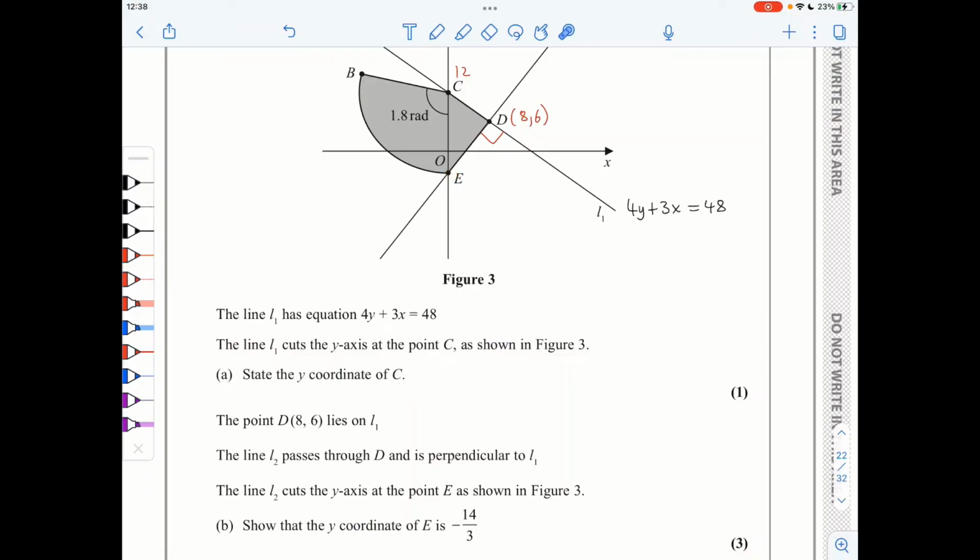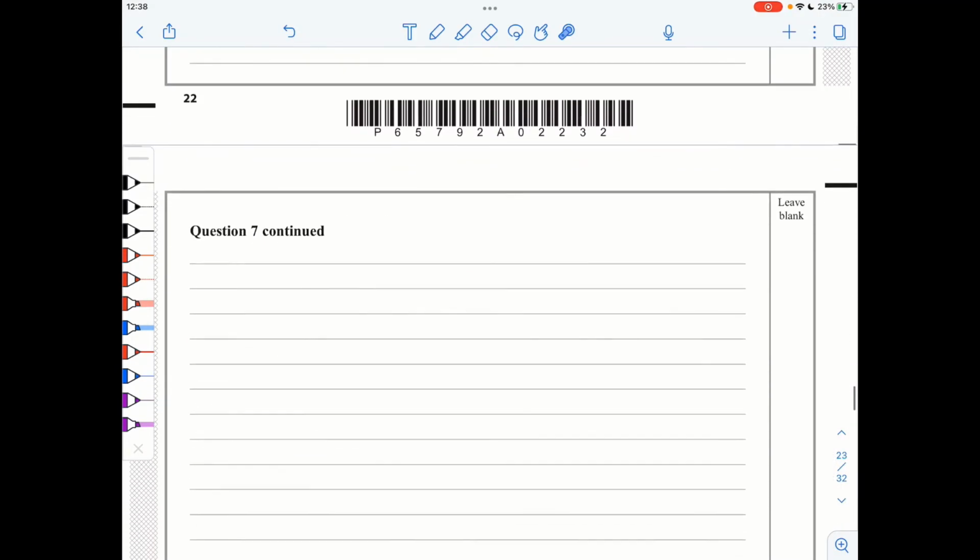So I will start by using the fact that the two lines are perpendicular, which means that if I knew the gradient of L1, I could derive the gradient of L2. So let's start with L1. The equation for L1 is 4y plus 3x is 48. I will make y the subject here because this will allow me to simply see the gradient of L1.